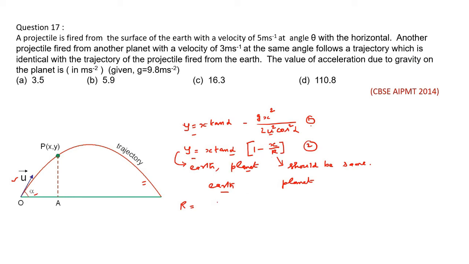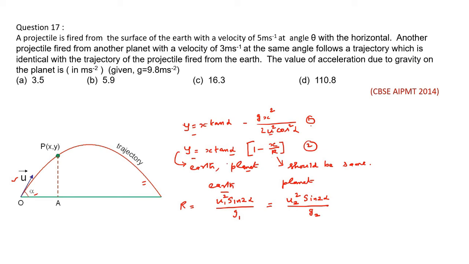You know that R is equal to u1 squared sine 2 alpha by g1 for earth. For the planet, this should also be equal to u2 squared sine 2 alpha by g2.